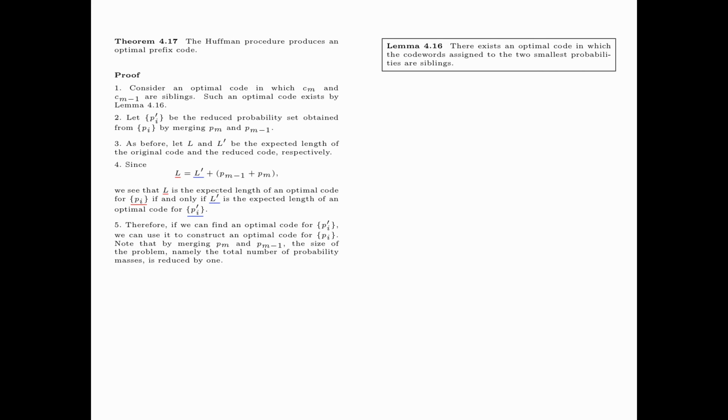Therefore, if we can find an optimal code for {p_i'}, we can use it to construct an optimal code for {p_i}. Note that by merging p_m and p_{m-1}, the size of the problem, namely the total number of probability masses, is reduced by 1.